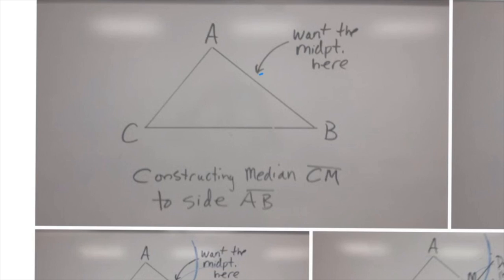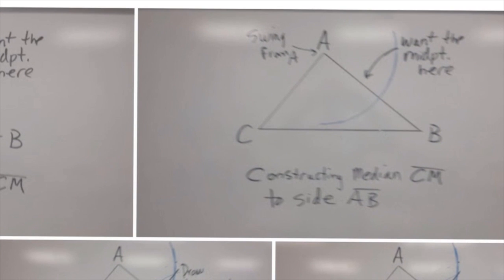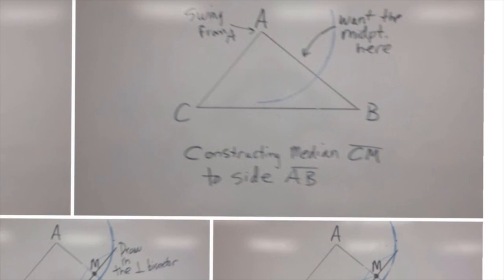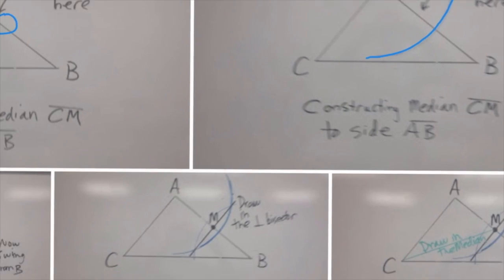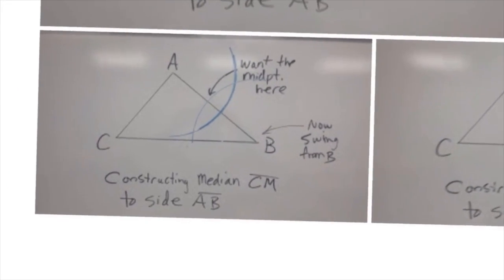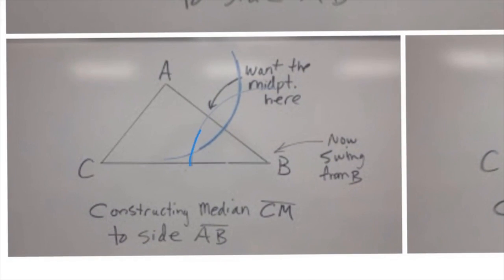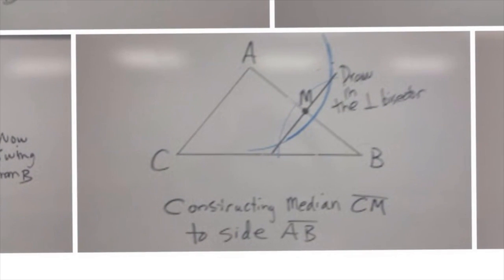So to locate a midpoint, you make a perpendicular bisector. Looking at the next slide, to begin making the perpendicular bisector, first I swing from point A, then swing from point B, draw in the perpendicular bisector, and that locates the midpoint.